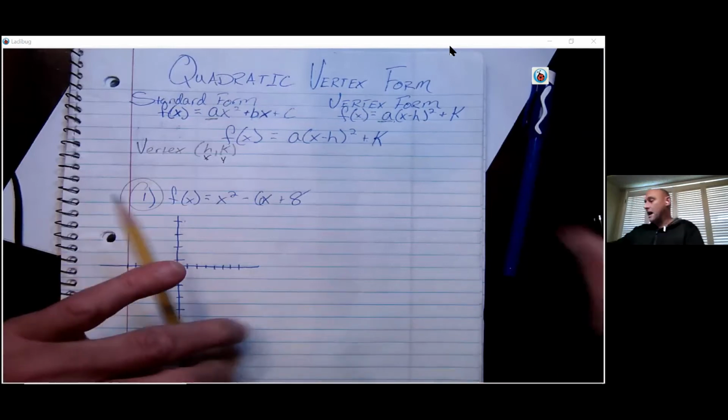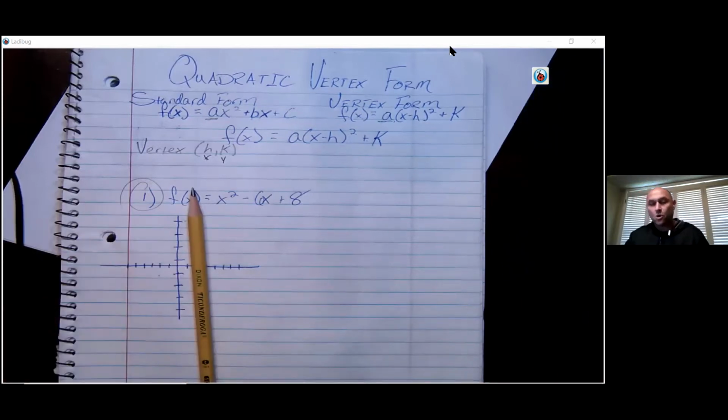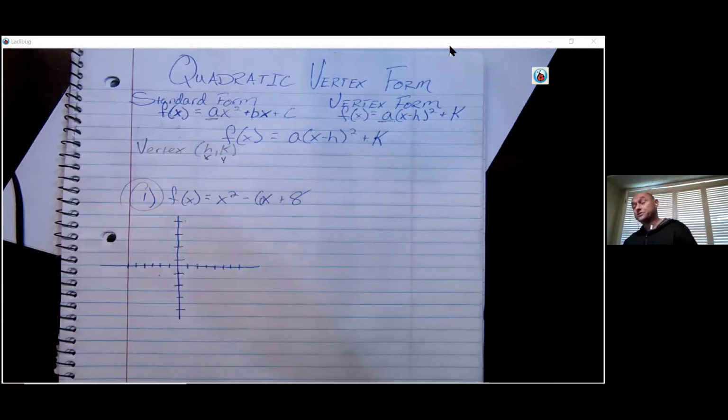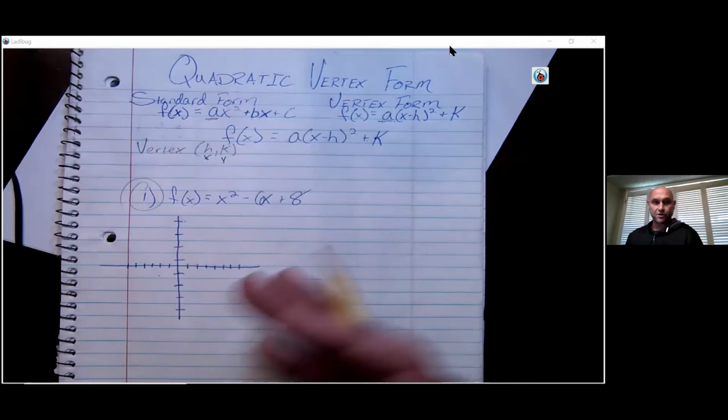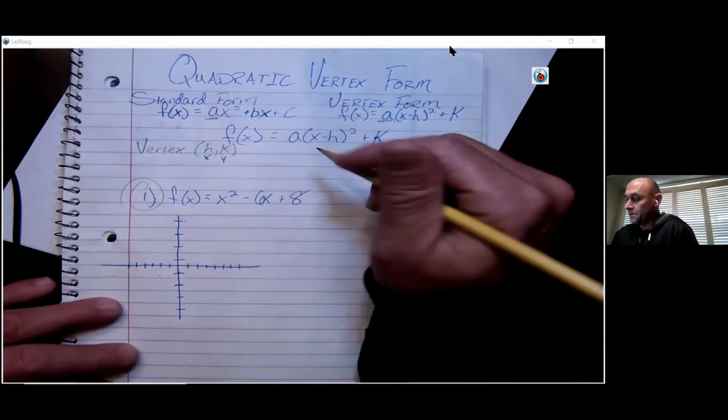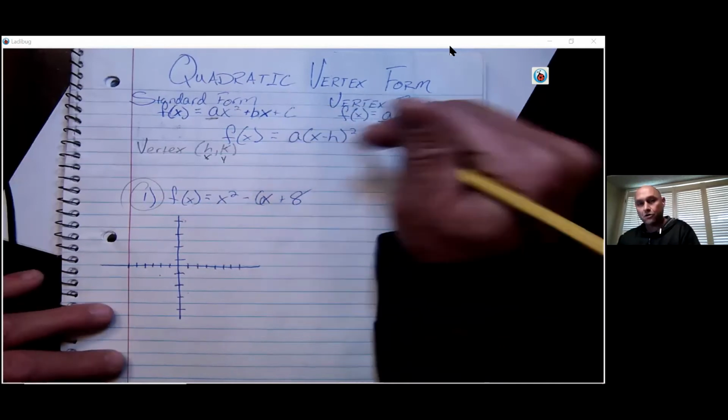Now, there are several different ways you can go about putting a standard form quadratic equation into vertex form. One of the ways is doing it algebraically. You can find the vertex by using the formula negative b over 2a.